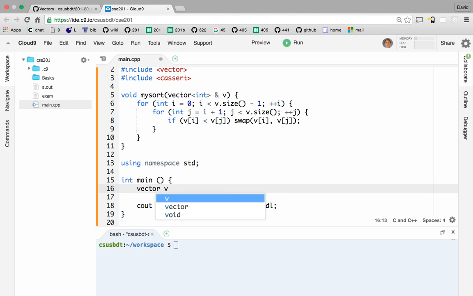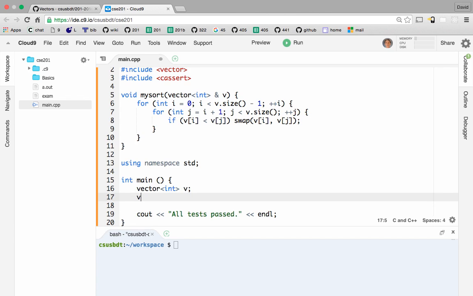So we have a vector v, a vector of int. And we're going to call push back on v many times. Push back several times. Those are the numbers I want to use.